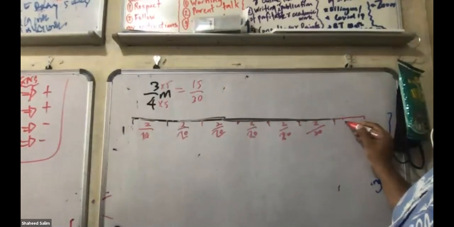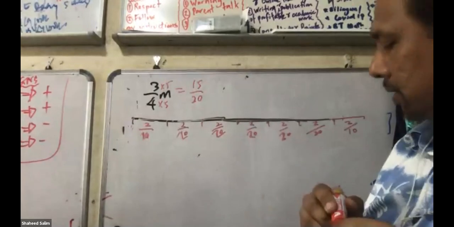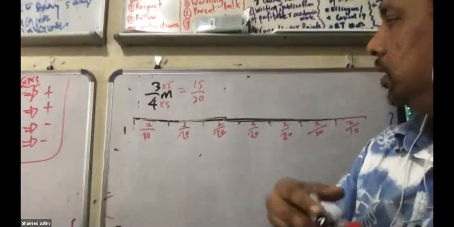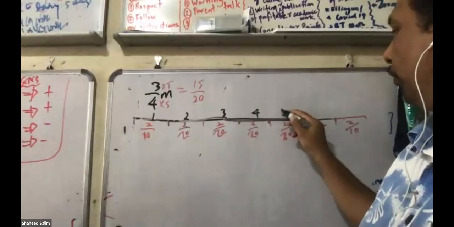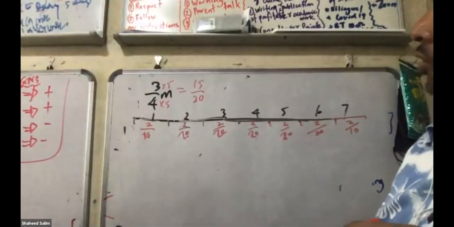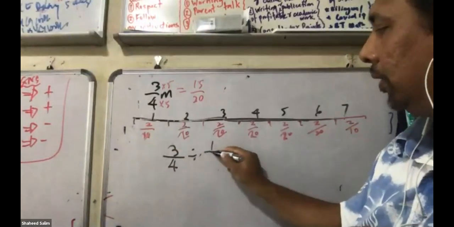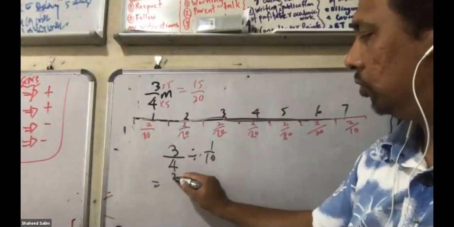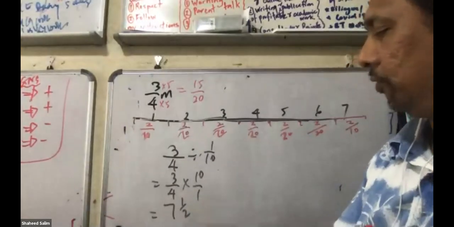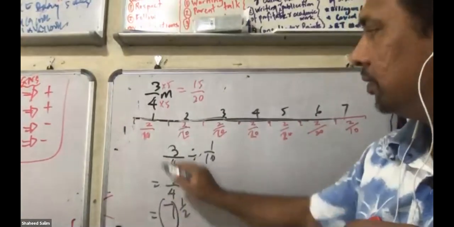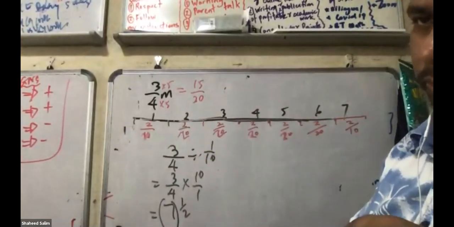One more 2 will be 16. We only got 15. So let's count the number of units here. This is one rope part, 2, 3, 4, 5, 6, 7. So when you did 3/4 divided by 1/10, you got 3/4 times 10/1, which is equal to 7.5. This 7 means 7 parts of the rope.